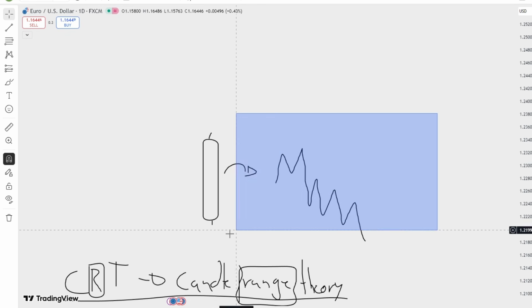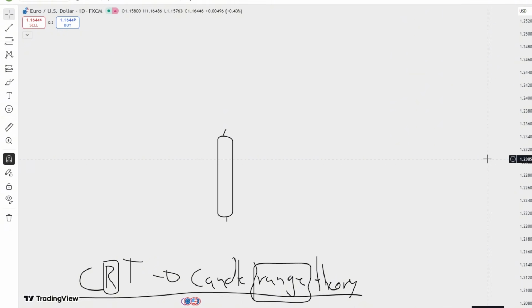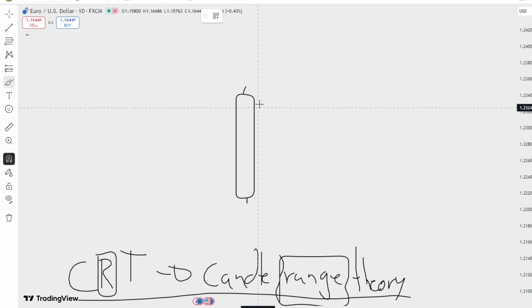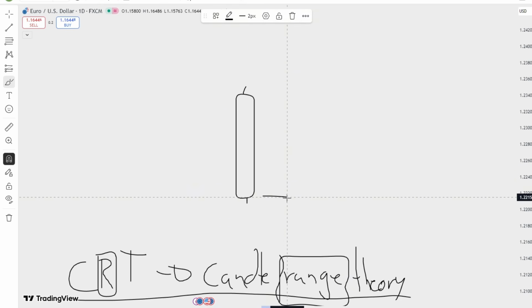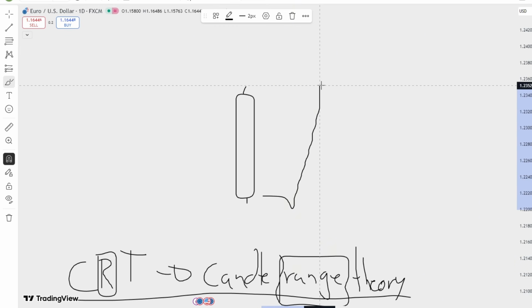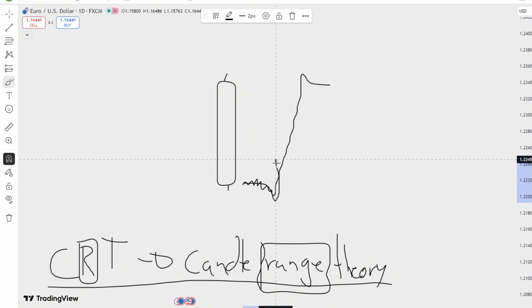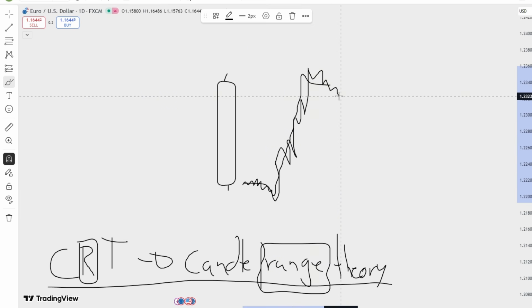Like this candle here. Let's say this is a bullish candle. You have the opening, probably a low, then you're going to have a high until here, down, and a close. So this is going to be your range. Your price can move from here and come here and do all those things and end up here.